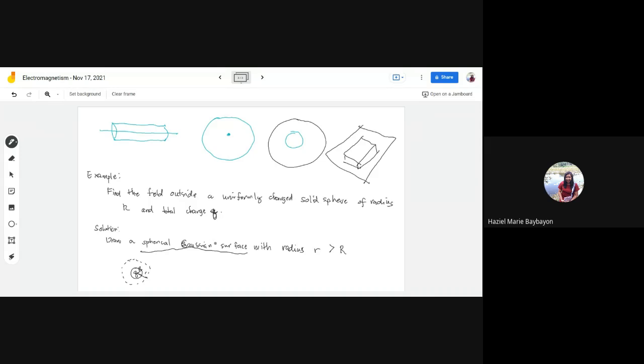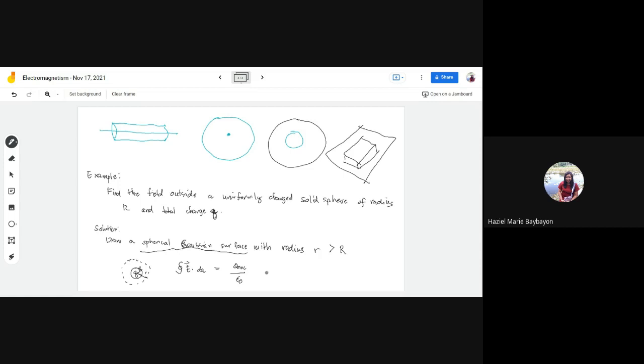Okay, so according to Gauss law, most of the time class, we will be using the integral form of Gauss law since it encompasses, pwede ta mo gamit og line charge, surface charge and volume charge. Okay? So we have the integral of E dot dA is equal to Q enclosed over epsilon naught.